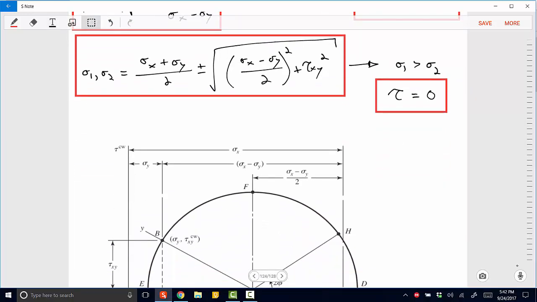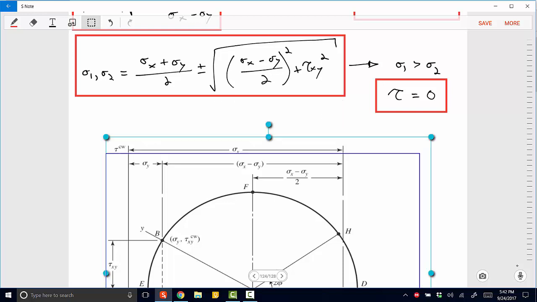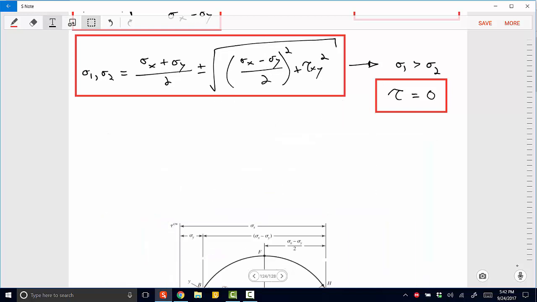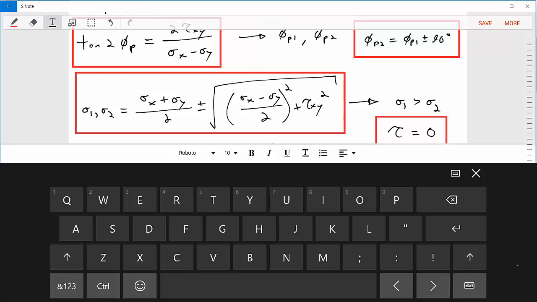And then we can repeat this process and find the equations for extreme valued shear.